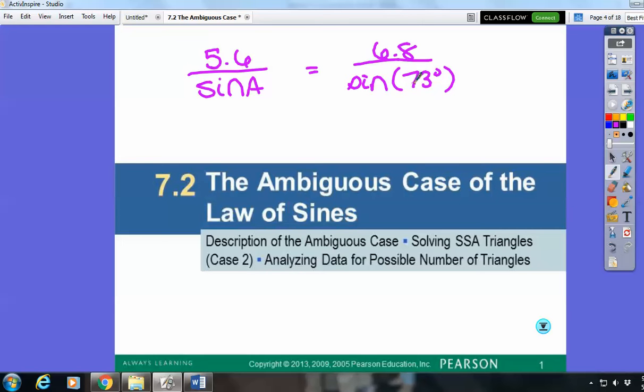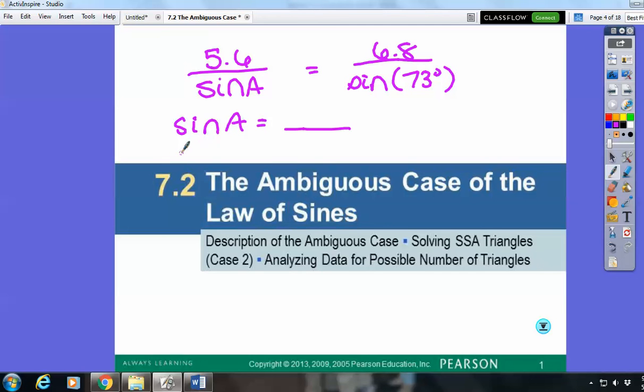You'll be solving something like that. When you solve this, you'll get sine A equals some number. How do you solve for a missing angle? You have to do sine inverse.